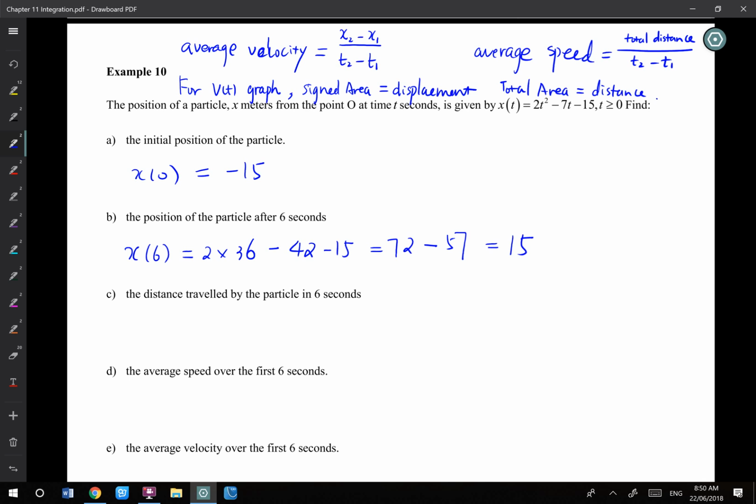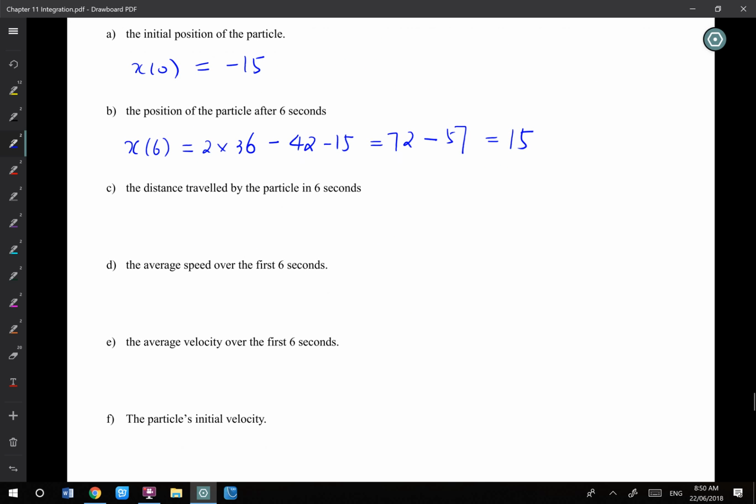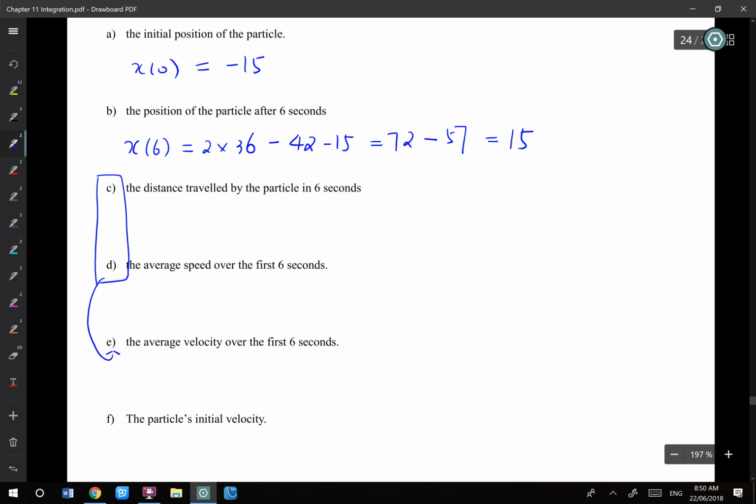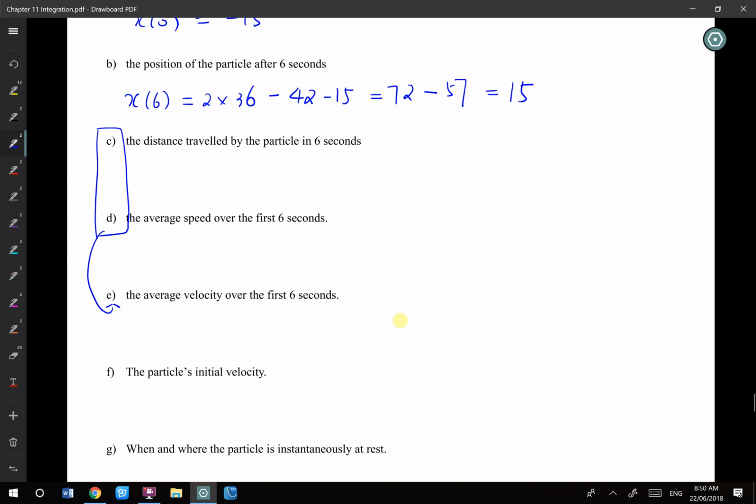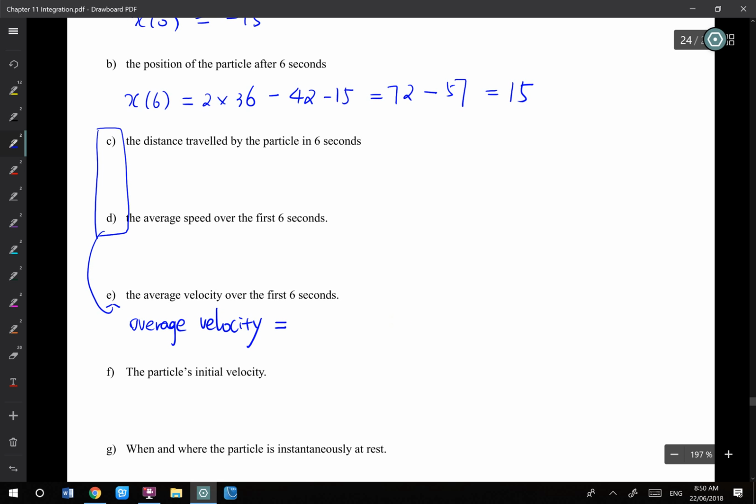So the distance traveled. Okay, let's move C and D to after E. So we do E first. It asks for the average velocity over the first 6 seconds. If it's velocity, it will be the final position minus the initial position.